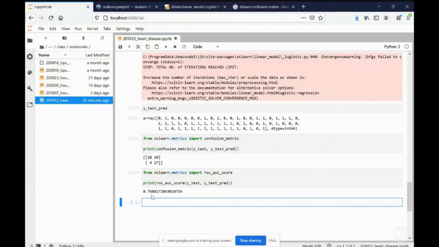A good value is, typically from projects we've done, I would typically accept anything more than 0.75 or so or above, maybe even go down to 0.7 if the data is still small. But it's nice to have values 0.8, 0.85, or 0.9 or above. Okay. Again, that's not a rule of thumb. It's just kind of what we've seen from projects.